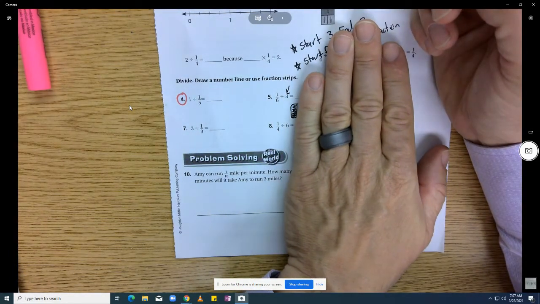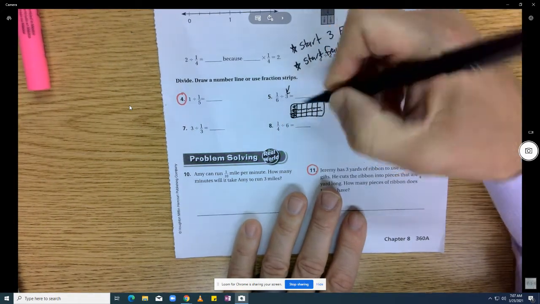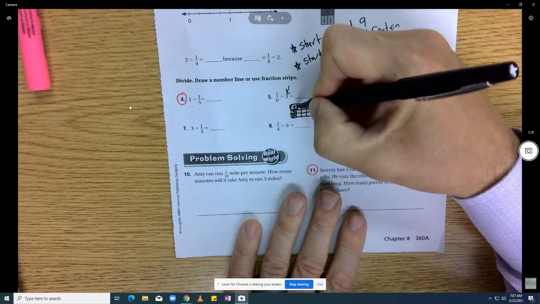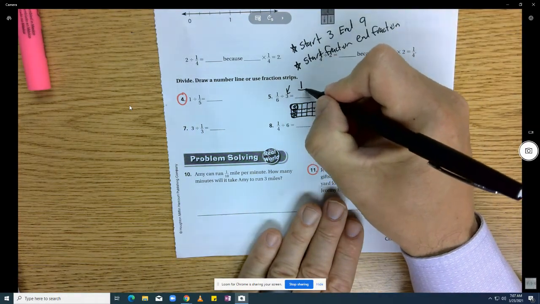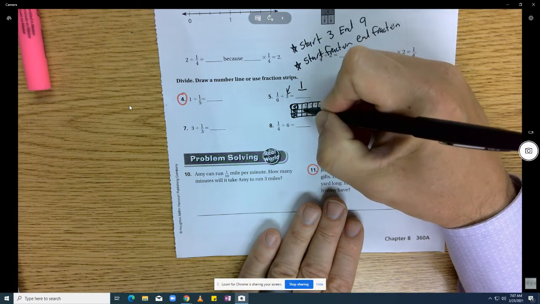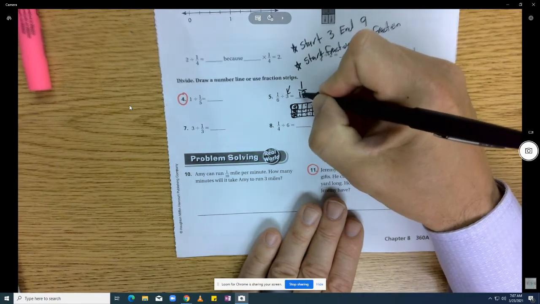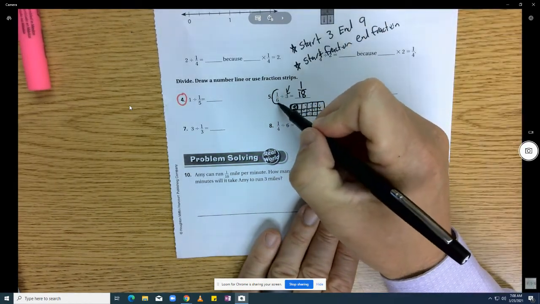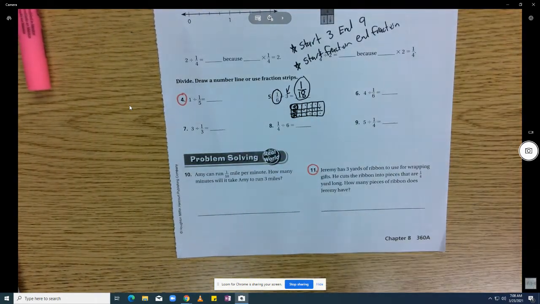Pretty small. And then you're going to cut that into thirds. And how much is just this one little piece up there? It's 1 out of how many now? 1, 2, 3, 4, 5, 6, 7, 8, 9, 10, 11, 12, 13, 14, 15, 16, 17, 18. 1 out of 18. Start with a fraction, end with a fraction. So the answer is 1/18.